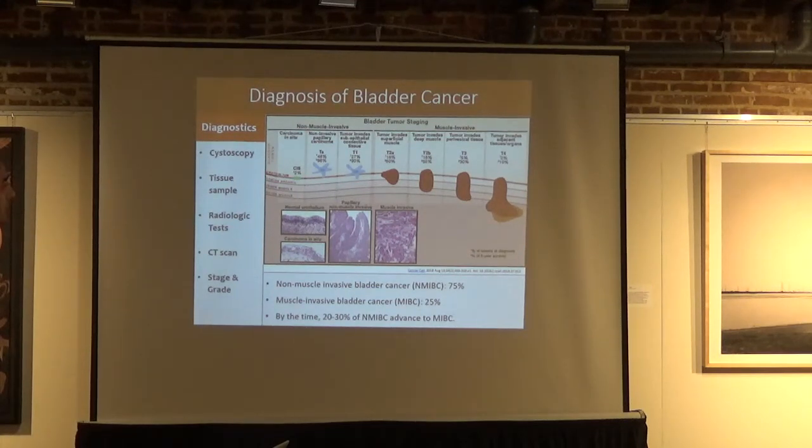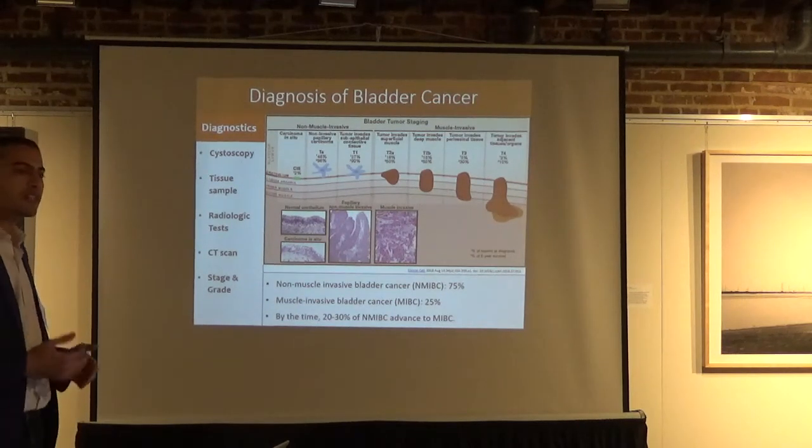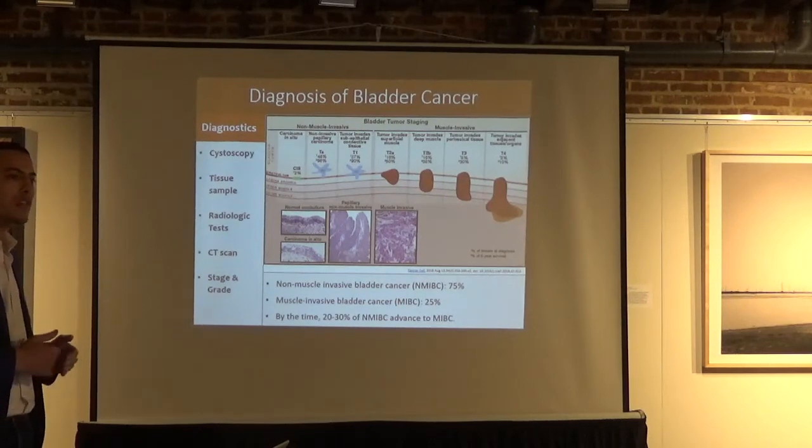The diagnosis can be divided into two categories: non-muscle invasive and muscle invasive. Non-muscle invasive is found in 75% of the patients, and the muscle invasive category in 25%. Over time, non-muscle invasive can advance to muscle invasive bladder cancer.